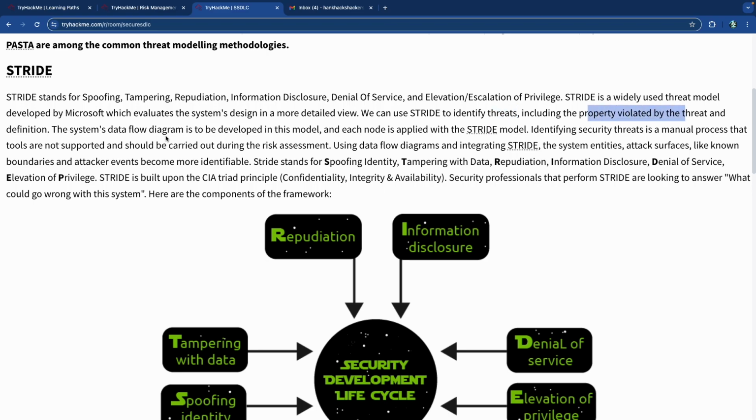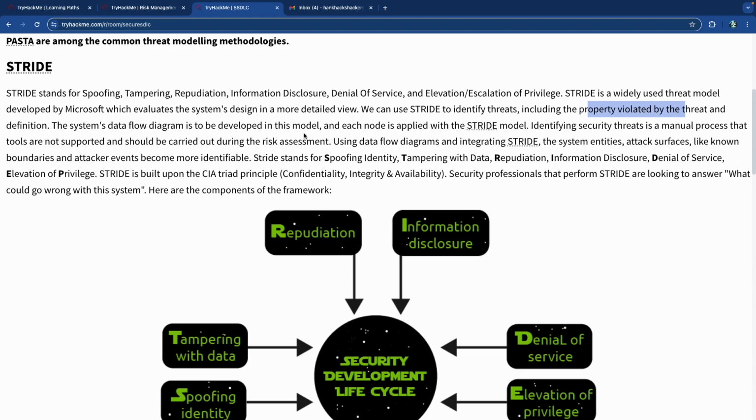The system's data flow diagram is developed in this model, and each node is applied with the STRIDE model. Identifying security threats is a manual process that tools do not support and should be carried out during the risk assessment. Using data flow diagrams and integrating STRIDE, the system entities, attack surfaces like known boundaries, and events become more identifiable.